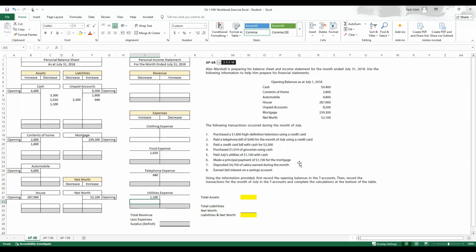So let's just make it real, just to highlight this. Let's say you borrowed $10,000 to buy a car. So you went to the bank and you borrowed $10,000. I'm not going to worry about the actual interest rates right now, but just for the sake of illustration, you have now borrowed $10,000.